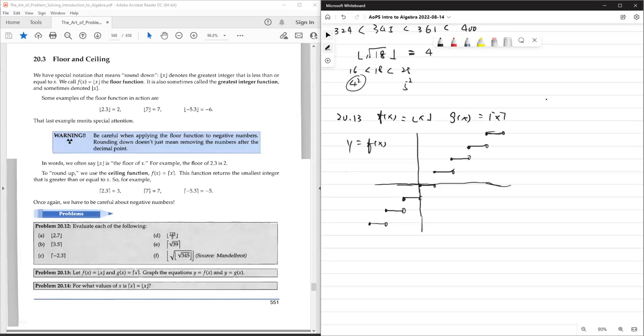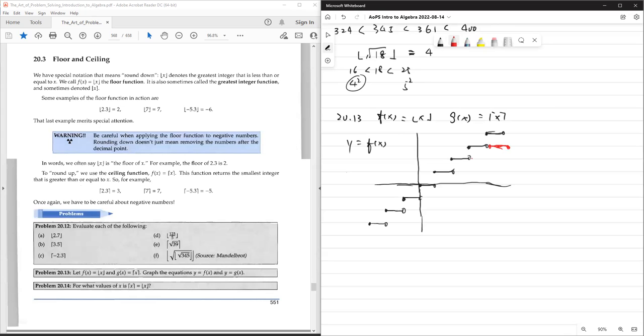The ceiling happens to be just similar, except it's the ceiling. When it's between 6 and 7, you get 7. And it actually is open on this end and closed on this end.